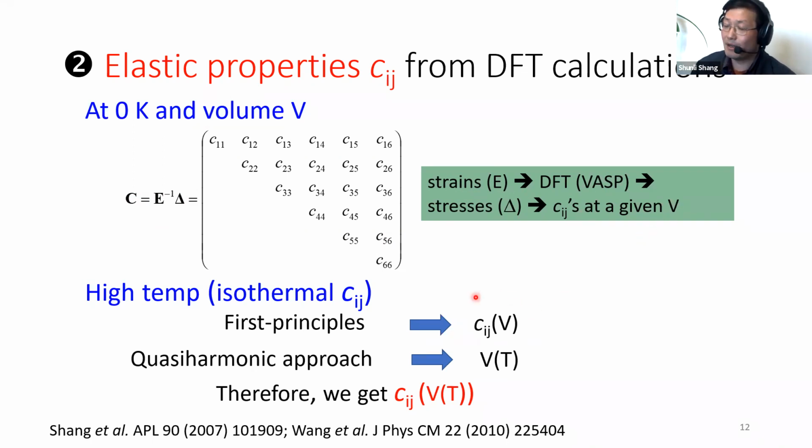Now we have the Cij matrix at a given volume, and based on our previous quasi-harmonic approach, we can predict the volume as a function of temperature. When we combine this volume, we can get the elastic properties as a function of T. We published this 10 years ago, and we can still use it.